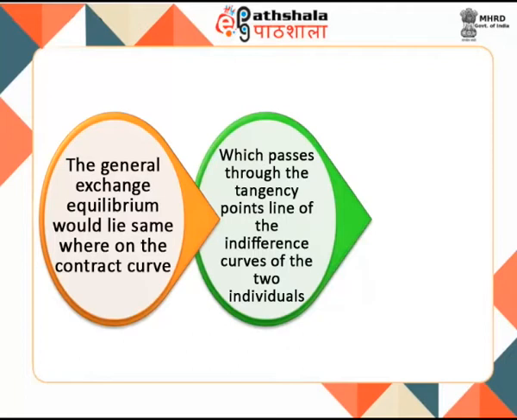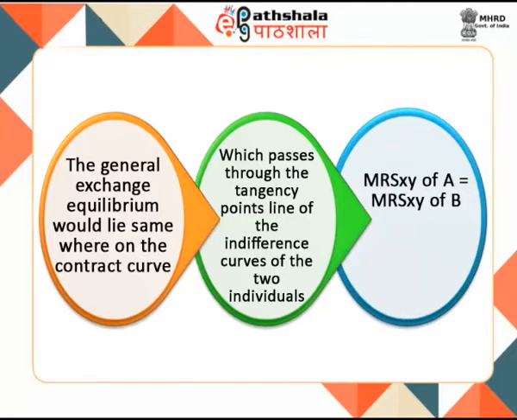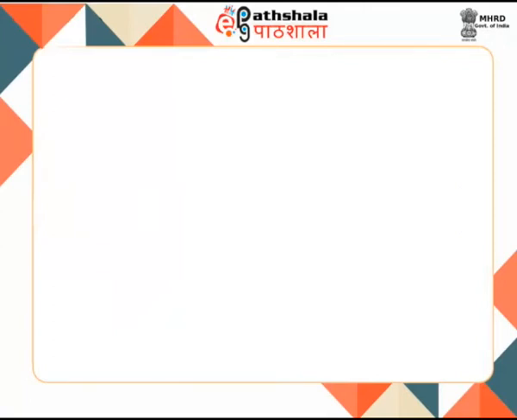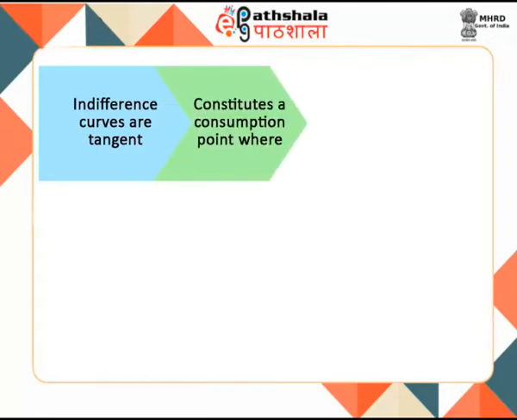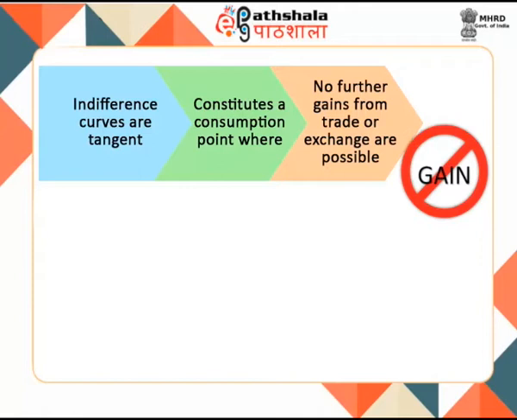At these tangency points of indifference curves, MRS xy of individual A is equal to the MRS xy of individual B. Any point where the indifference curves are tangent constitutes a consumption point where no further gains from trade or exchange are possible.